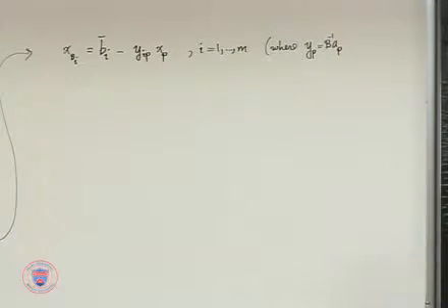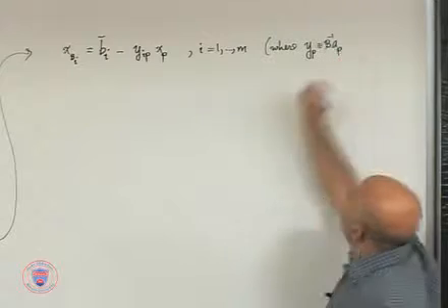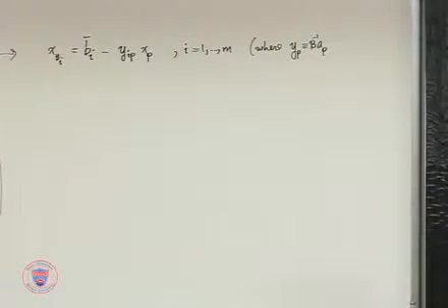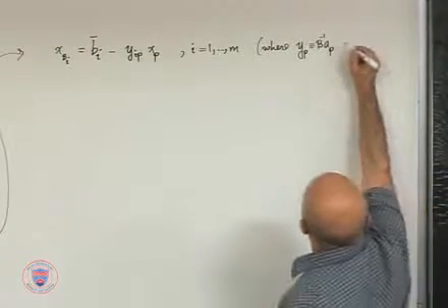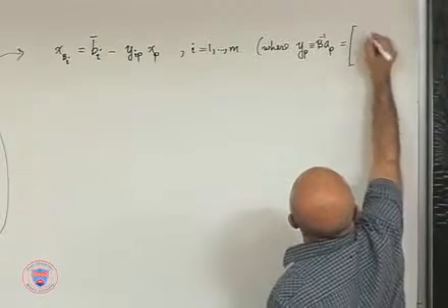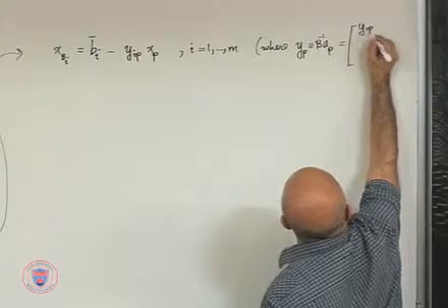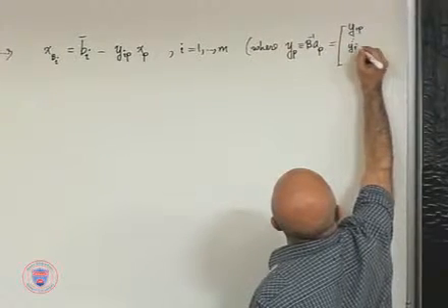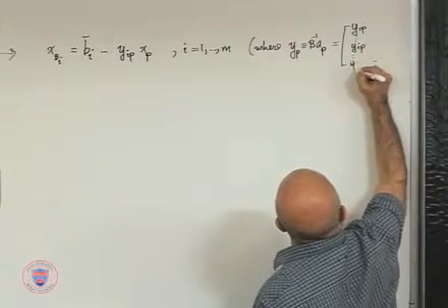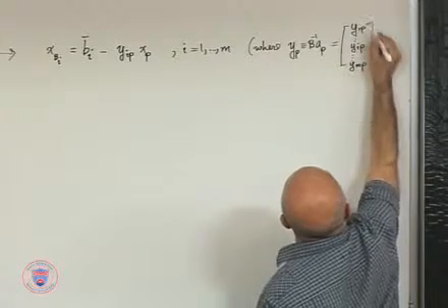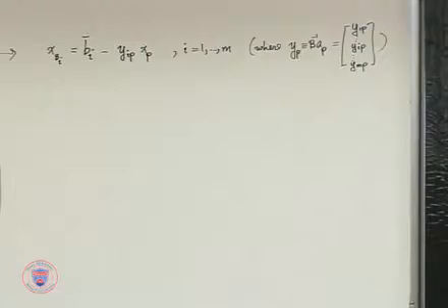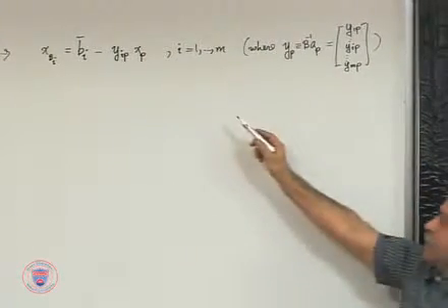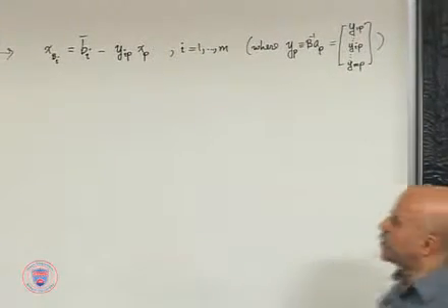So we just rename B inverse a_p as the vector y_p, and it has all these components in it, y_1p, y_ip, and y_mp. It's a vector with m components. I'm just picking the ith one because we're looking at the ith equation here.